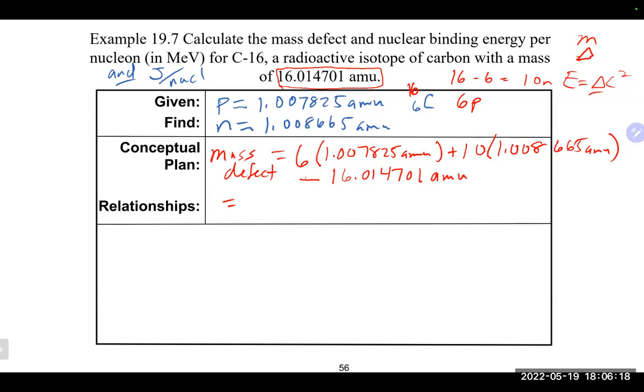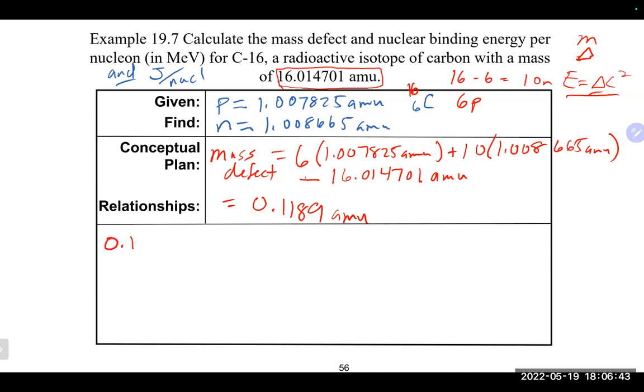There we go. That gives us something like 0.1189 AMU as our mass defect. Once again, the mass is going to be converted into energy during this process. And again, you can use Einstein's equation, but since we're doing mega electron volts, maybe just using the conversion might be an easier move. So we will go with that.